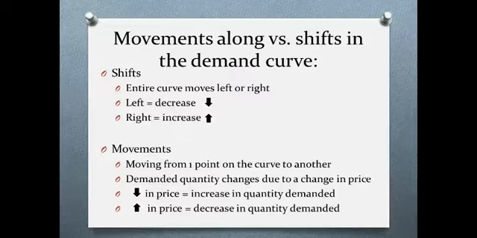People still want the good as much as they always did, or don't want as much as they always did. But they just want less if the price increases, or they want a little bit more of it if the price decreases. So this is a change in the amount that is demanded, not in the overall demand for a good.